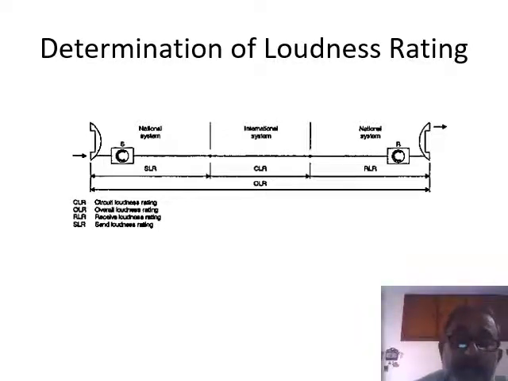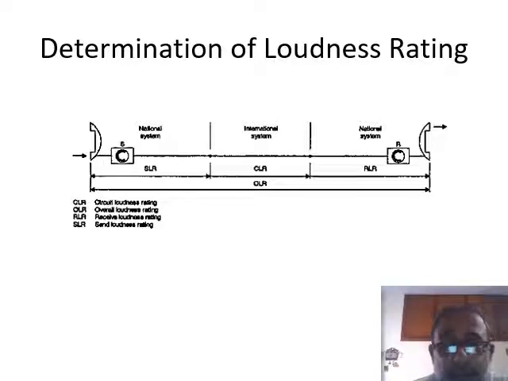If we add the sender's loudness rating, circuit loudness rating, and the receiver's loudness rating, we get OLR, which is overall loudness rating. And the overall loudness rating should not increase more than 15 dBs. It should be around 5 to 15 dBs.